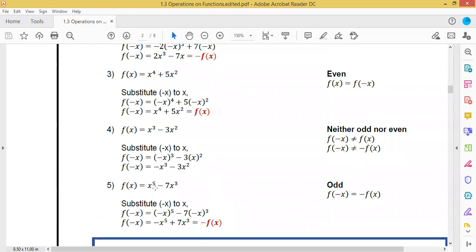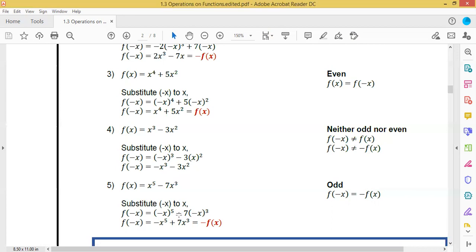Now the last one, x to the fifth minus 7x cubed. We substitute negative x to the value of x. We have quantity negative x raised to the fifth power. This is an odd exponent, so the answer becomes negative. Negative x to the fifth. In the other one, negative x cubed. This is an odd exponent, so the answer of this is negative x cubed.